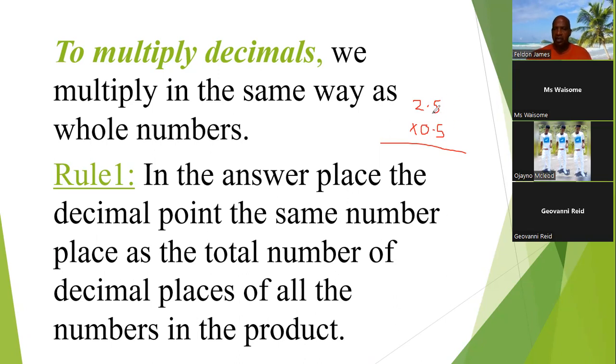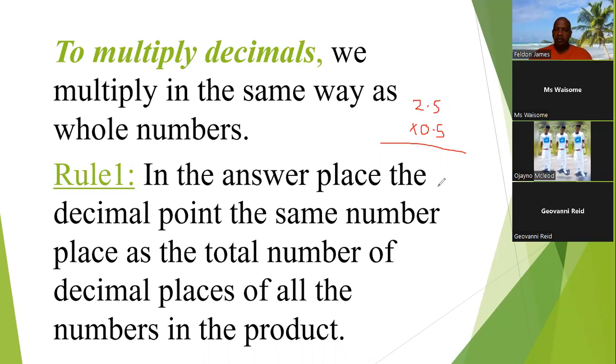So in total, you have 2 numbers behind the point. Is that clear to everyone? Yes, sir. So what it is saying is that your answer should have 2 numbers after the point.